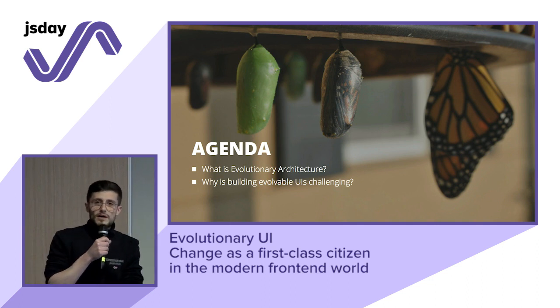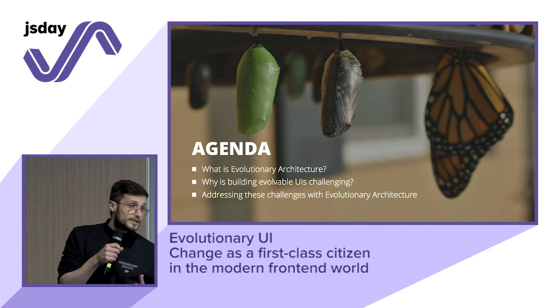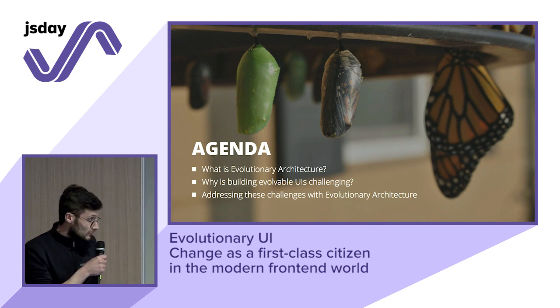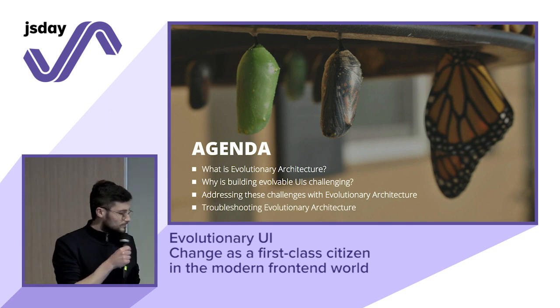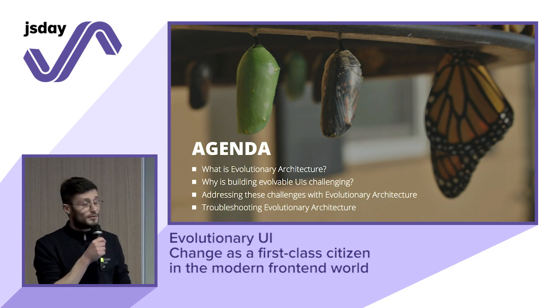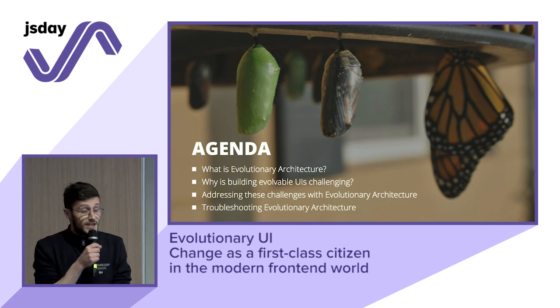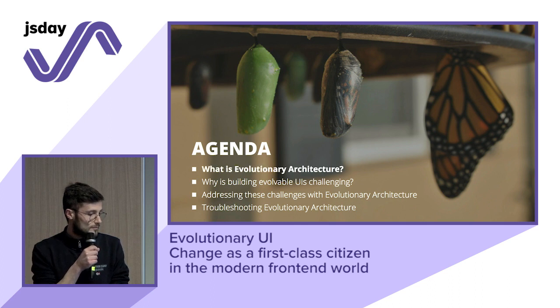We will then explore a couple of concrete examples of UI architecture built with evolvability in mind. And then finally, we will wrap up our journey with sharing with you a couple of things that may or may not go wrong when you are actually building an evolutionary architecture. So let's dive in.